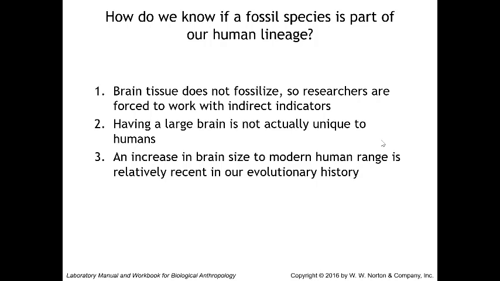Therefore, if we were to use brain size as our sole indicator of a species belonging to the human lineage, we would be missing a large part of our own evolutionary history. A lot of the species that we consider now as part of our human lineage would actually be excluded from our human lineage because their brain size is not that large.